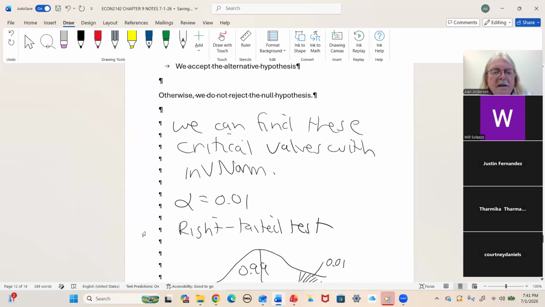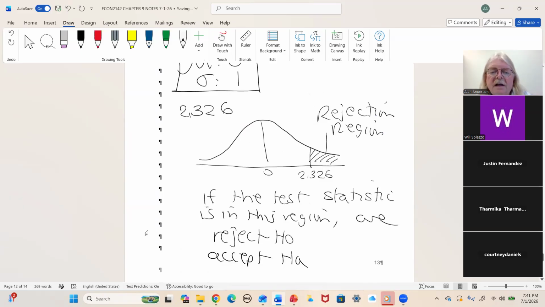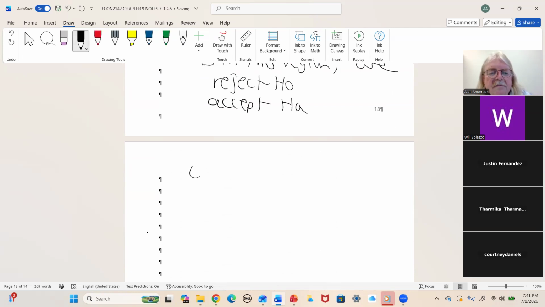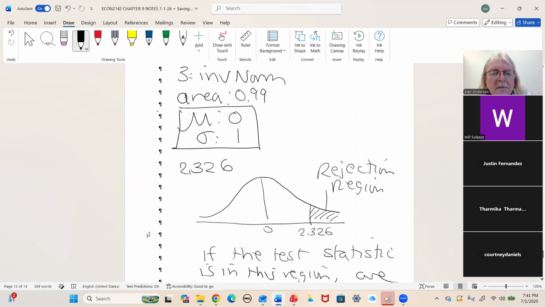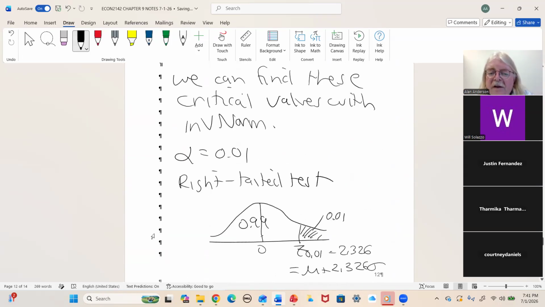So the left tail test, you're just looking at the other side, and due to the symmetry, it's going to be the same number, just with a different sign. Okay. So 0.01 would refer to the left tail.